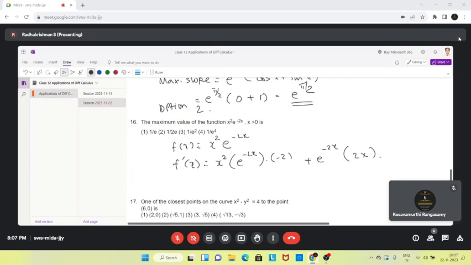Okay. So let's equate this to 0. First of all, let us simplify this. Minus 2x square e power minus 2x plus 2x e power minus 2x.